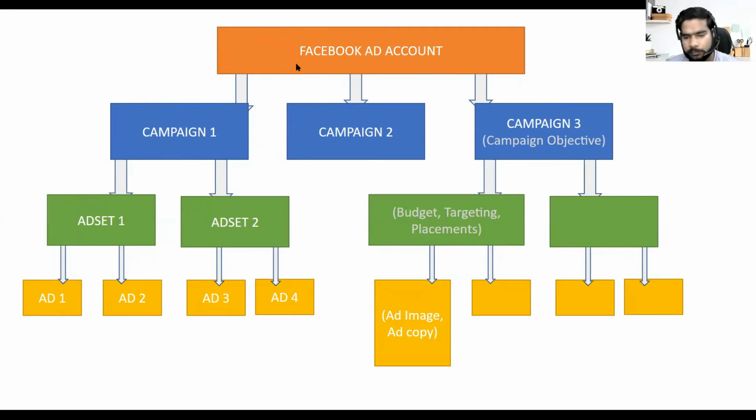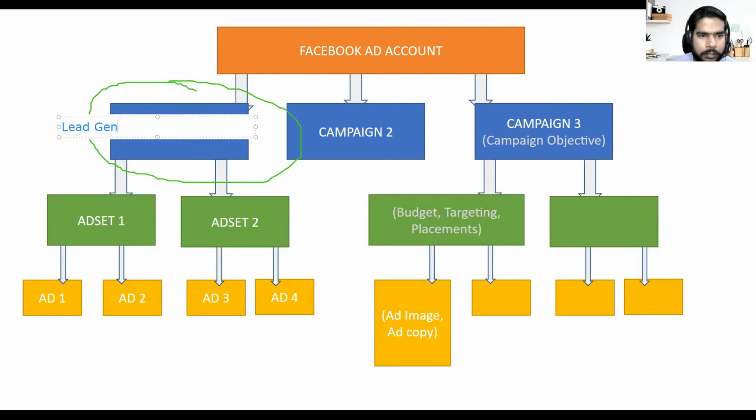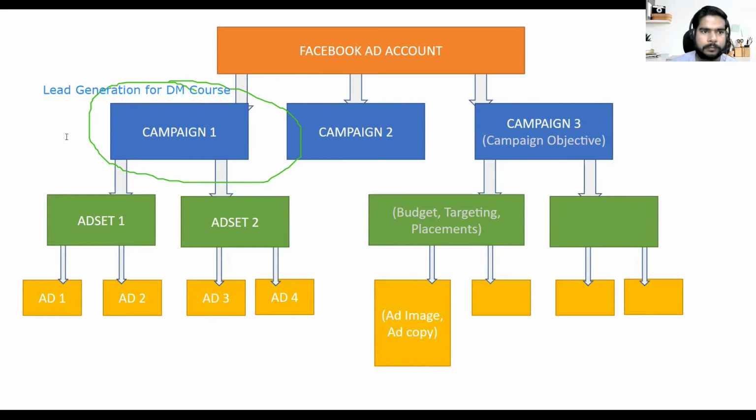So in an ad set, the main thing is audience. In a campaign, the main thing is the objective. Let's say campaign 1 is for lead generation for a digital marketing course. That is the objective of this campaign.